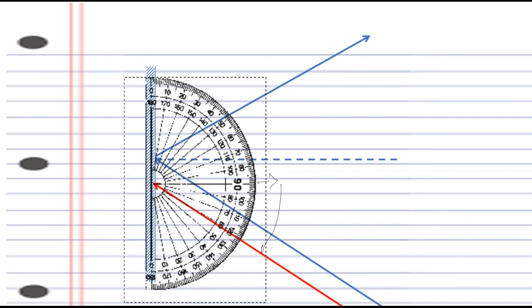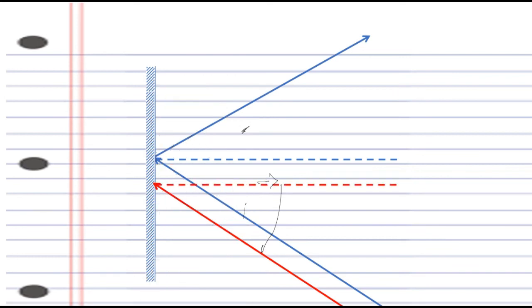It will be 1, 2 and 3, 30 degrees. So from here also it will be 30 degrees. Somewhere here the reflected ray will go. See, 2 light rays which are parallel will reflect parallel, right? Keep this in mind.